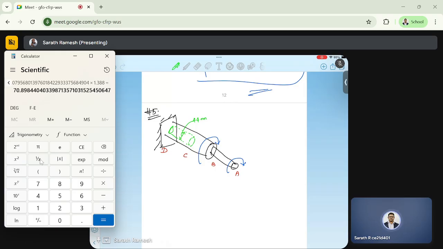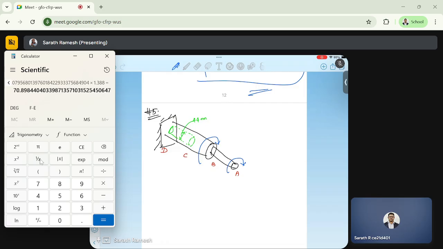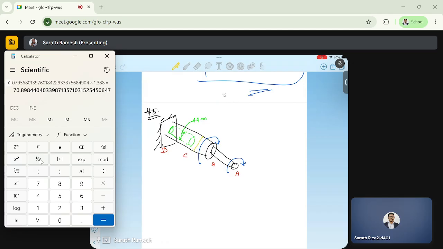The total diameter is 60 mm. Okay, the cavity, the hole is 45.